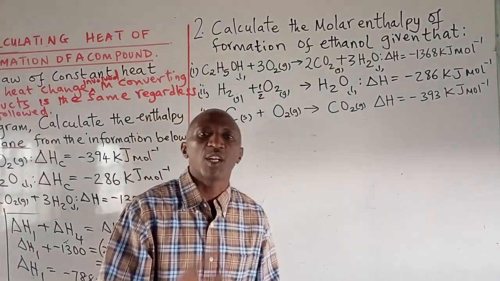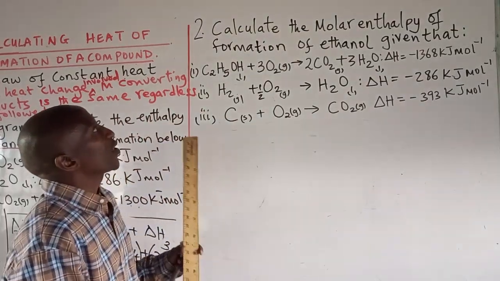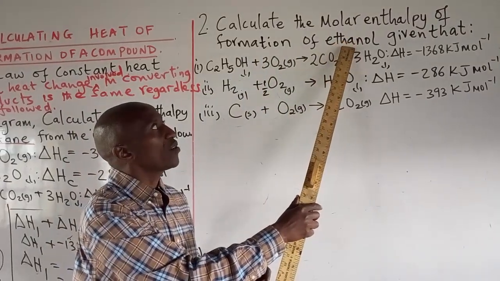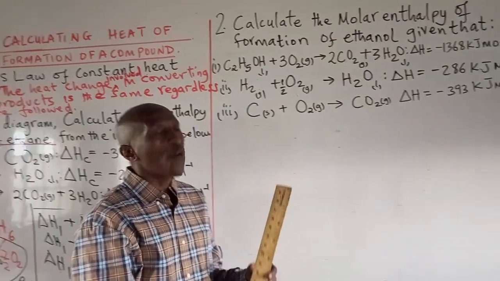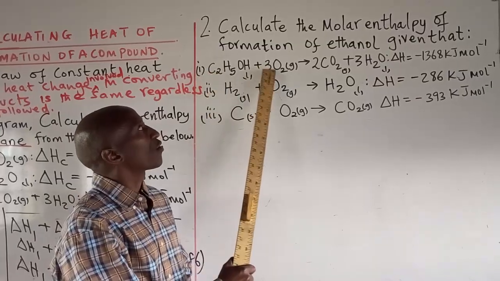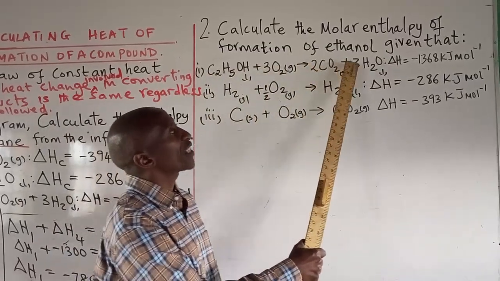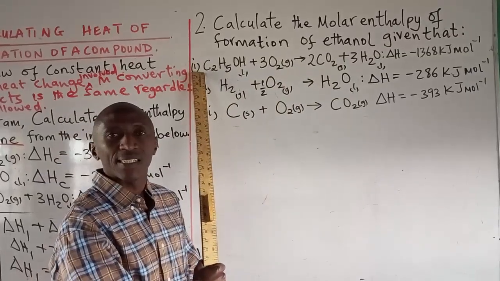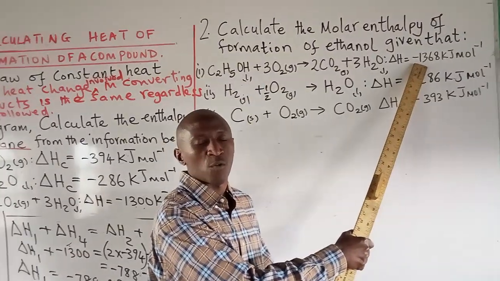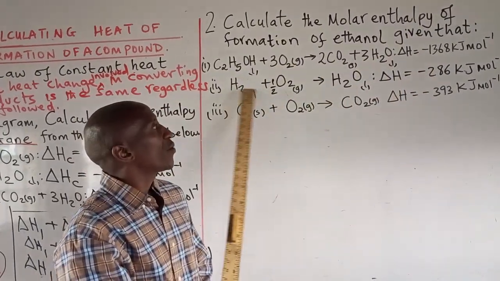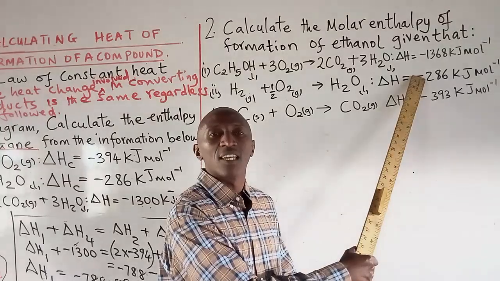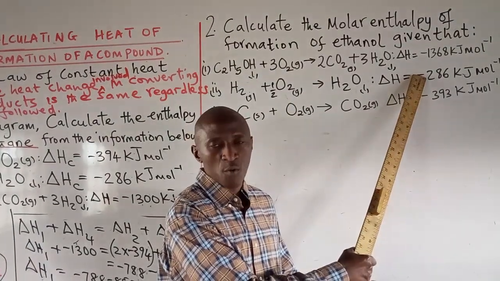In our question number 2, we look at calculating the molar enthalpy of formation of ethanol, given that when ethanol undergoes combustion, CO2 and water are formed, and 1 mole of it releases 1,368 kilojoules per mole. 1 mole of hydrogen, when it undergoes combustion forming water, releases 286 kilojoules per mole.